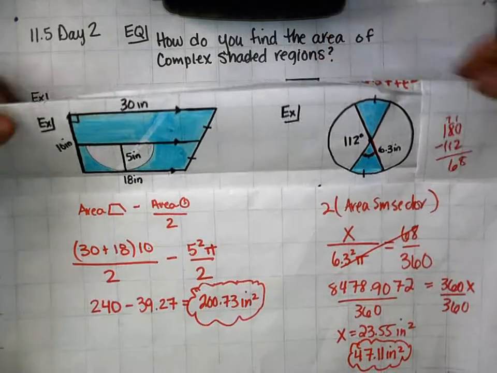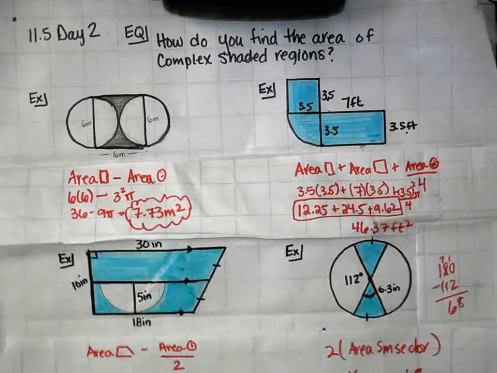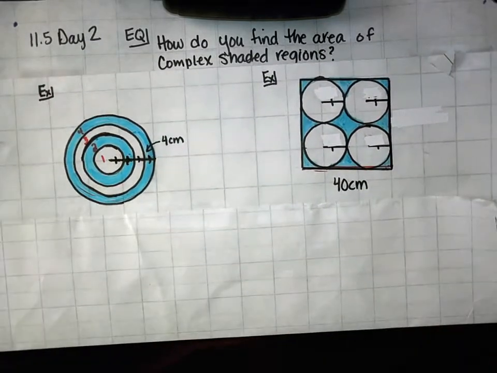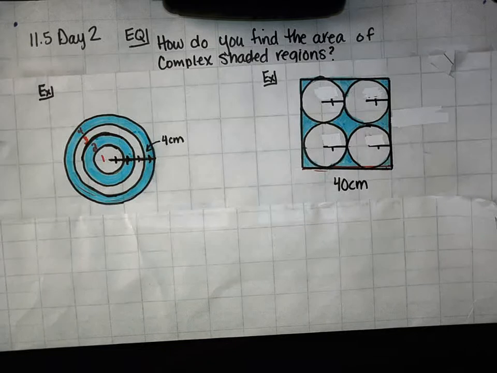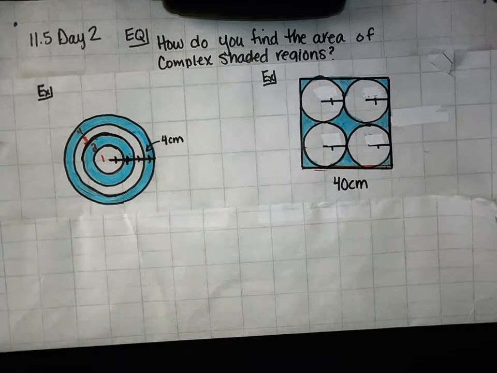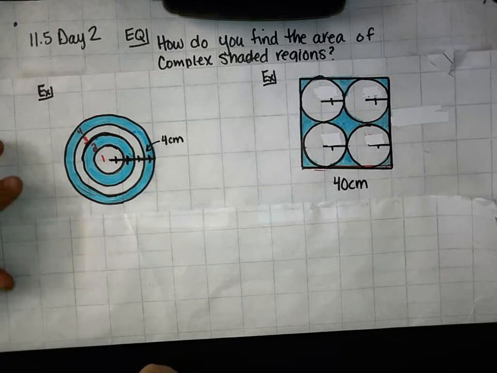Looking at examples number 5 and 6, they look a tad bit difficult. Looking at example 5, it seems to be a bullseye and a series of circles alternating which one is colored in. I've numbered the circles 1, 2, 3, and 4 so that I could denote the differences between them.